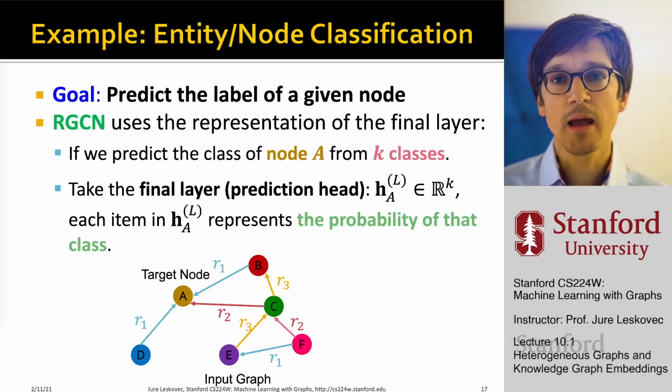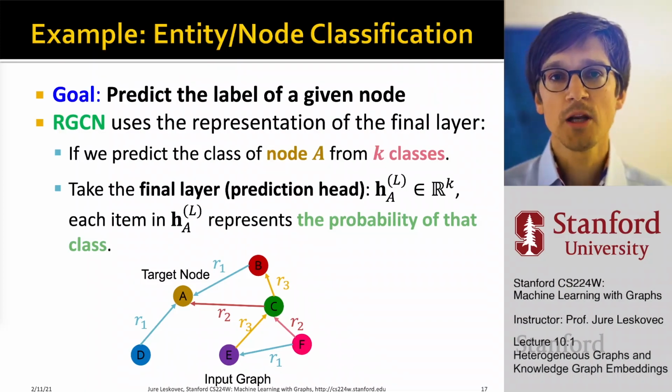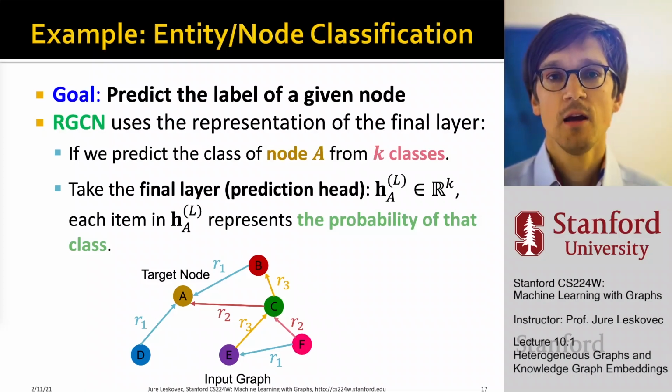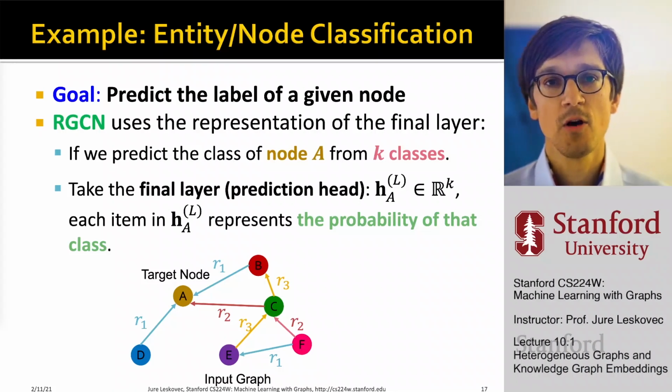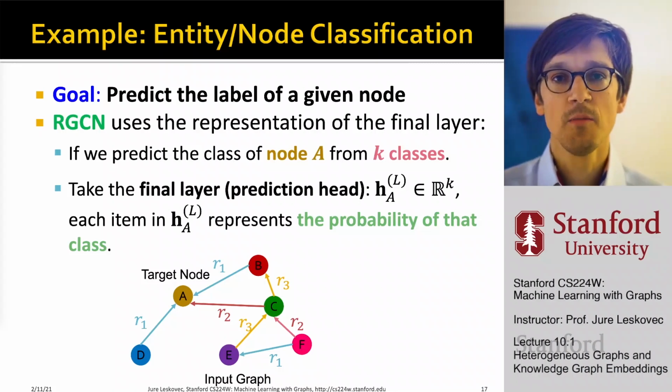Based on that embedding, we can then create a prediction head. For example, if we want to classify nodes into k different classes, the final prediction head will simply be a linear transform that takes the embedding, multiplies it with a weight vector, and passes it through a non-linearity like a sigmoid, and we can interpret that as the probability of that given class.